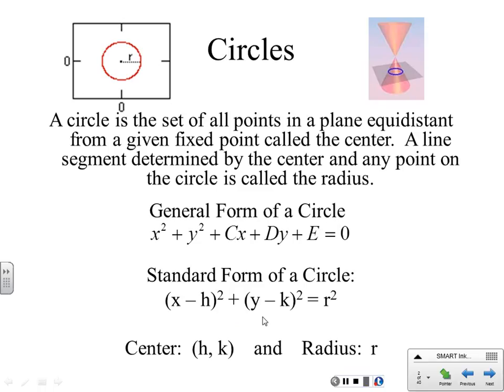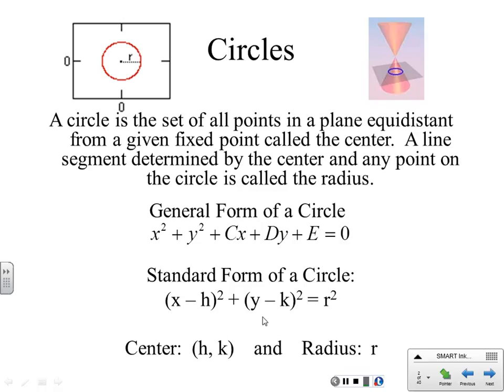H goes with x, always. In every single conic that we do, remember I told you there are relations throughout the chapter? X and H will always go together. Y and K will always go together. K is your y coordinate. H is your x coordinate.